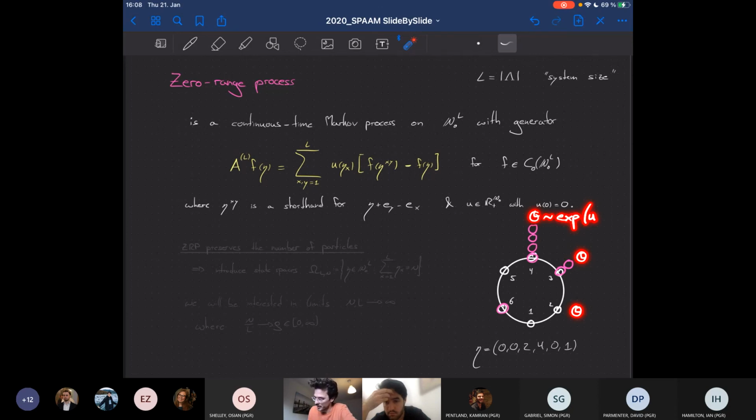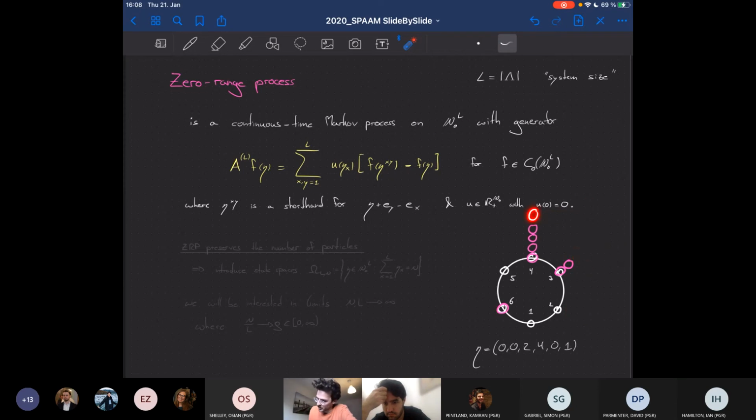So for example, in this case, on the fourth site, we have 4 particles, so we'll put u(4) here. So this is the same u as is in the generator. And similarly, for example, for the second site, we will have an exponential which is u(2) distributed.